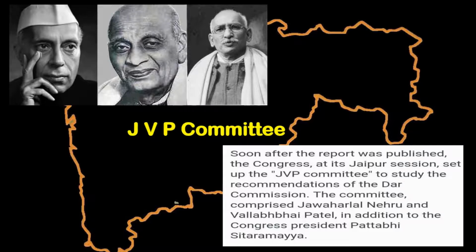This committee included Jawaharlal Nehru, Vallabhbhai Patel and Pattabhi Sitaramaiah. So, it is known by the initials of these members as JVP Committee. J means Jawaharlal Nehru, V means Vallabhbhai Patel and P means Pattabhi Sitaramaiah.